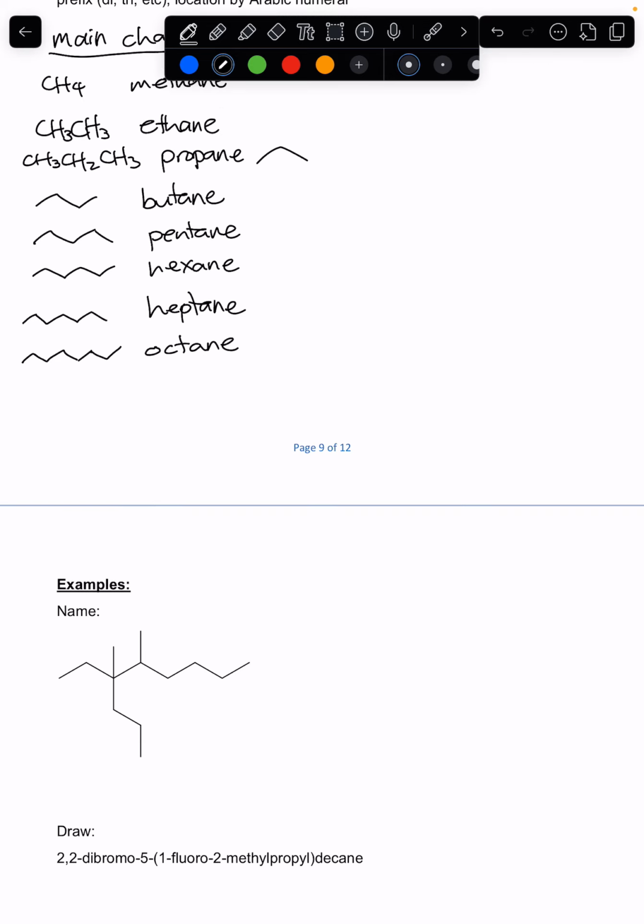And then nonane is the 9-carbon alkane. And November, again, was technically supposed to be the 9th month. And then 1, 2, 3, 4, 5, 6, 7, 8, 9, 10 would be decane.